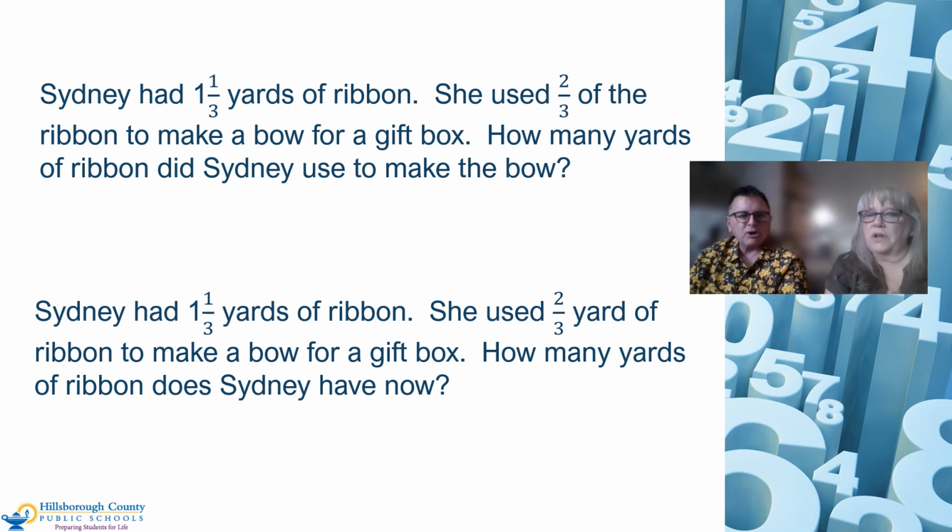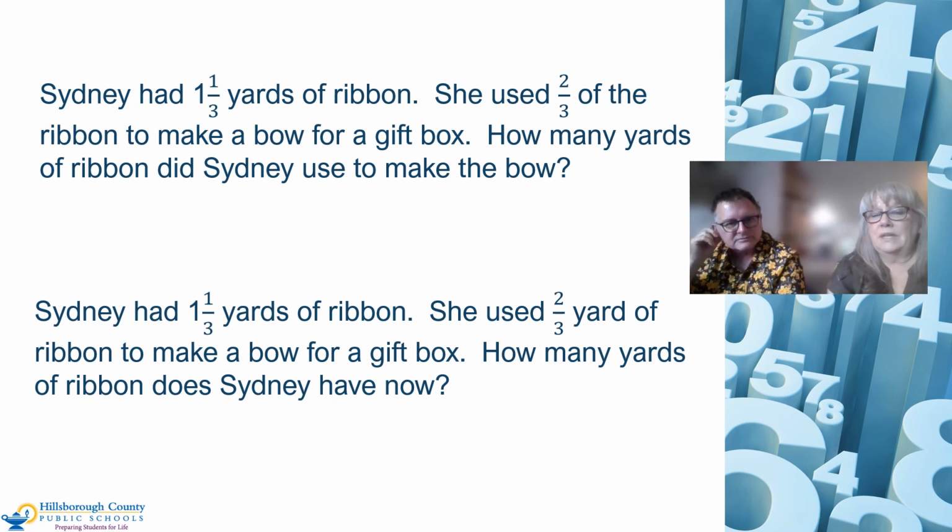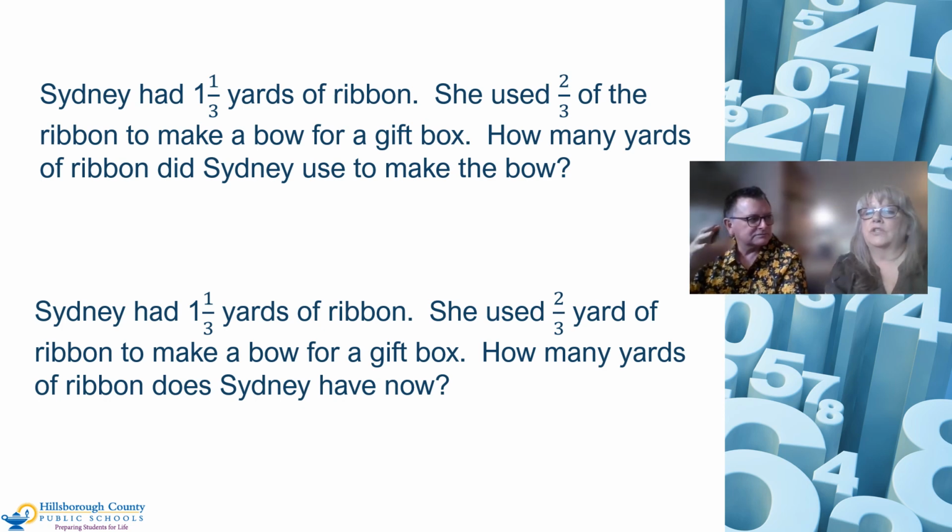She's cutting 2/3 of a yard off from that 1 1/3. Yes. So you can see the words are almost identical until you get to the question. And the thing that makes it different is I'm taking 2/3 of the entire thing, or I'm taking 2/3 of one yard.